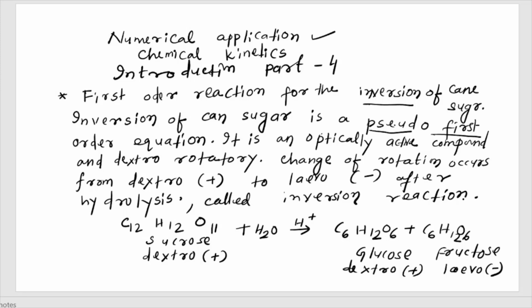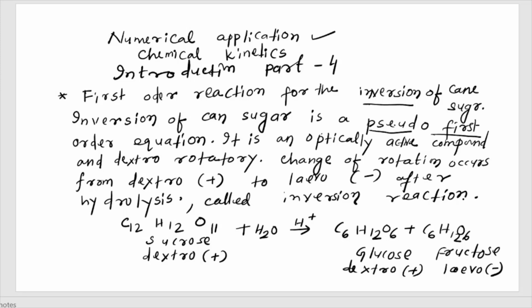After hydrolysis, one is levo-fructose, the other one is glucose, that is dextrose plus. So dextro plus and levo minus, that is glucose and fructose.